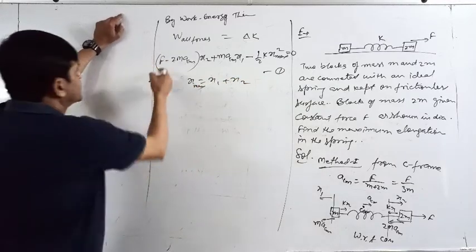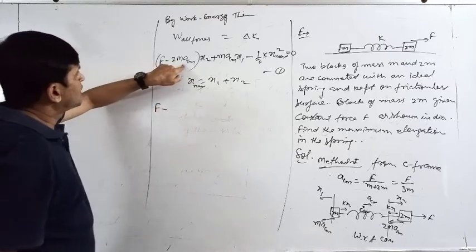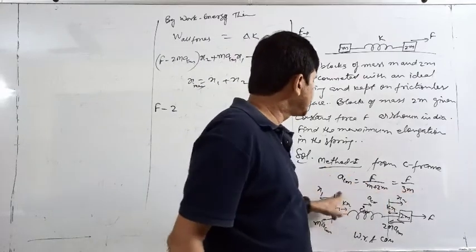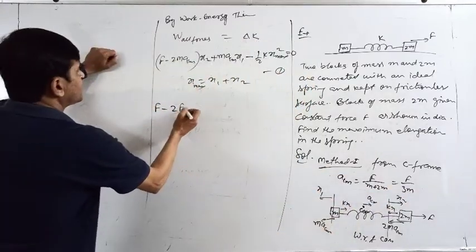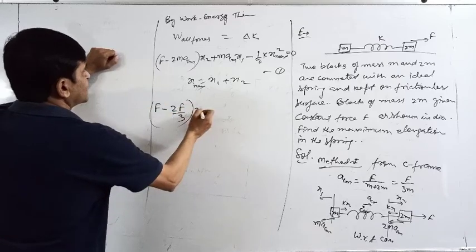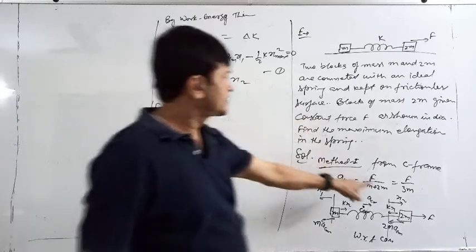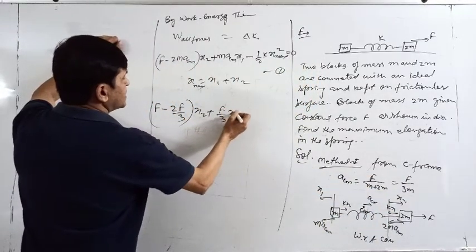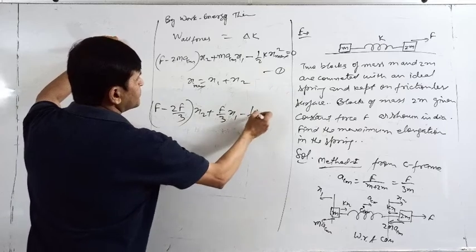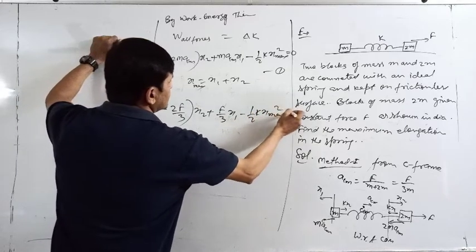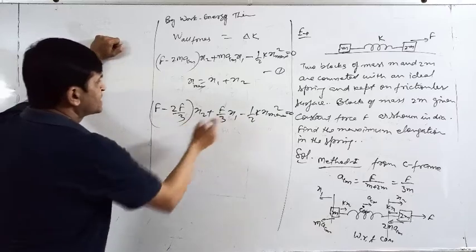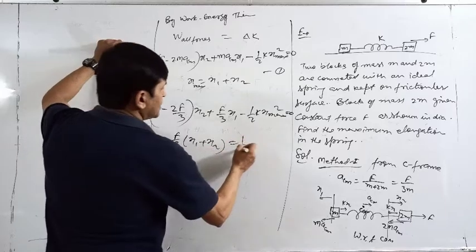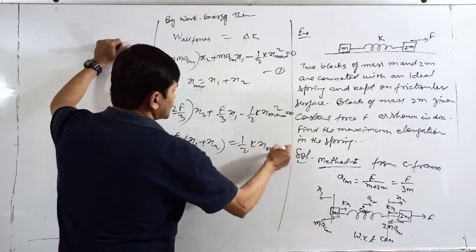Now simplify, check it. F minus 2m ACM, m ACM is f by 3, so 2f by 3 x2 plus f by 3 x1 minus half k x max square equals 0. So f by 3 into x1 plus x2 equals half k x max square.